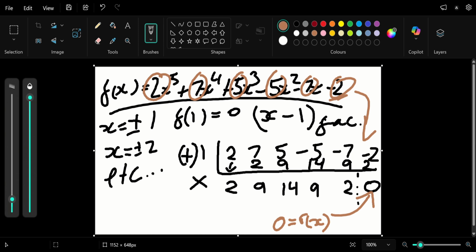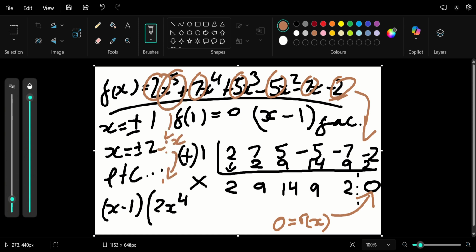And what do these results on the bottom mean? Well, we can now say that x minus 1, our initial factor, multiplies by our new factor of 2x to the 4, the next degree lower than 5, because remember, we've just divided by x. So when you divide x to the 5 by x, you have to go to the next smallest degree, which is 4.